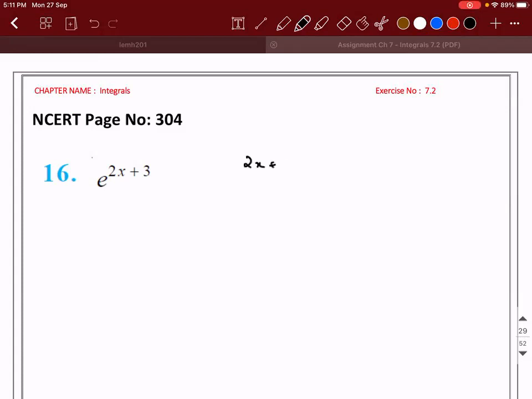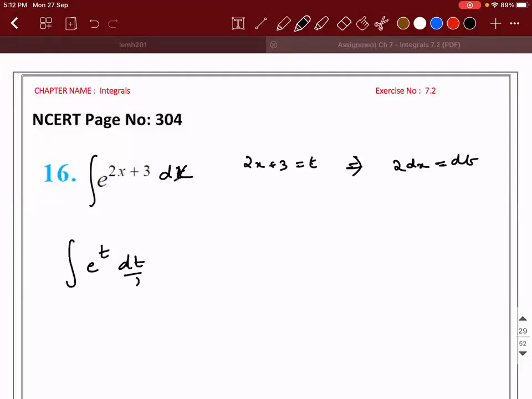You just have to put 2x plus 3 is equal to t, which implies 2 dx is equal to dt. So dx will be dt by 2. Integral of e power t into dt divided by 2. So half into e power t plus c. So half into e power t is 2x plus 3 plus c. Okay.